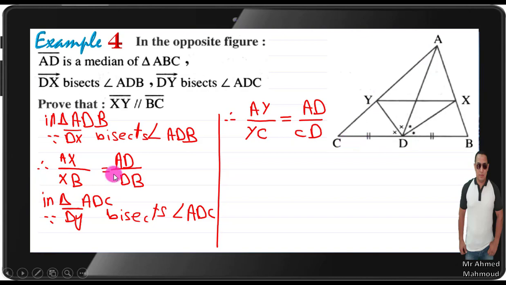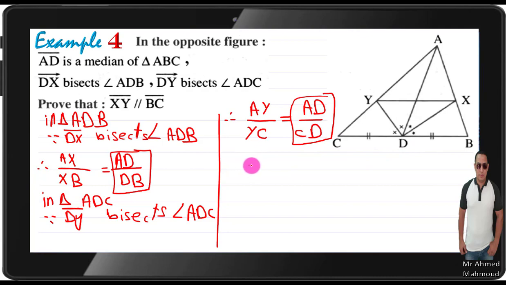Okay, by looking at this ratio AD over DB and this ratio AD over CD, here the numerator is AD, the denominator is BD and CD. Again, BD and CD are equal.